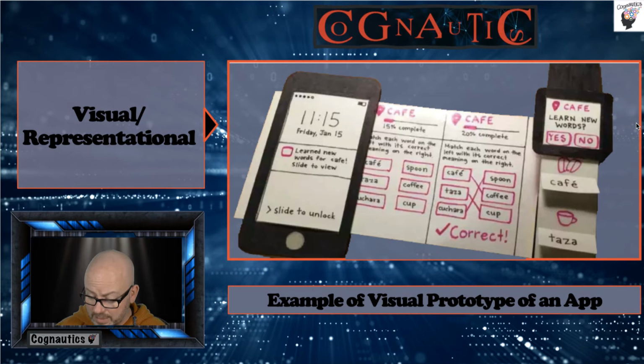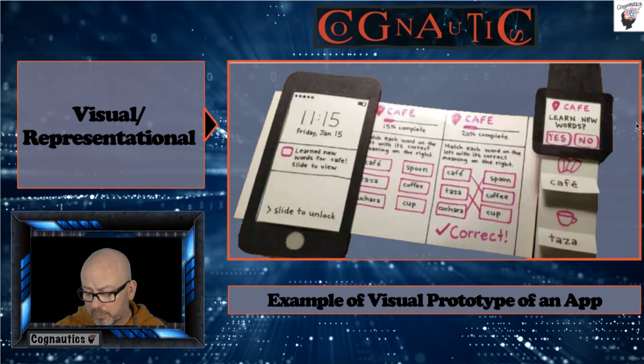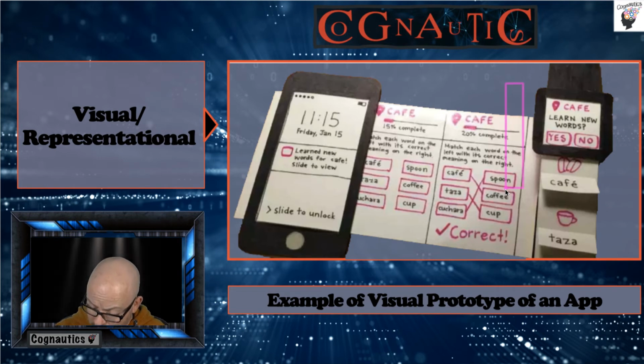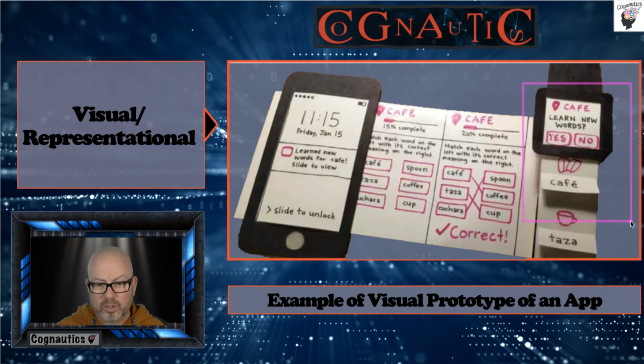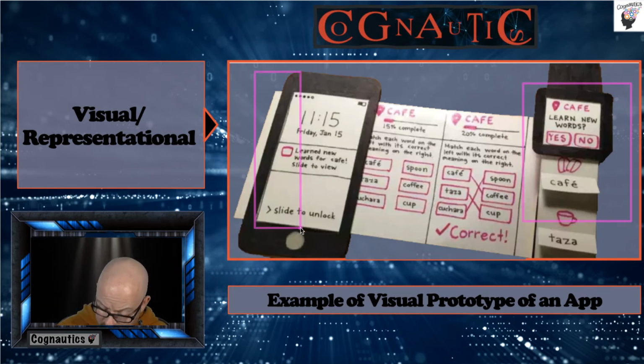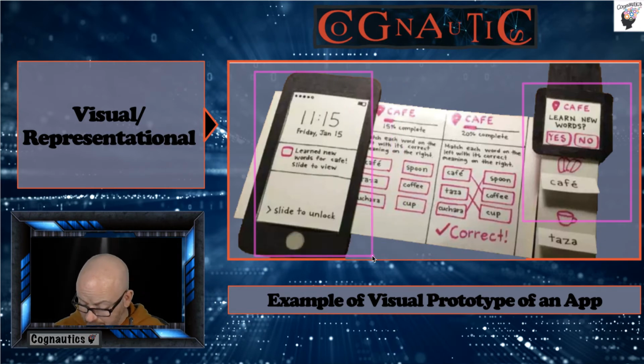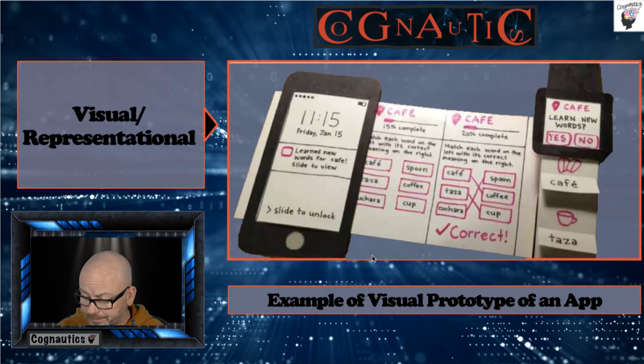And you can see on the right hand side there you've got what the same product would look like if you were to purchase the watch version, and over here you've got the phone version. And it's really rather clever, isn't it? Because this is a way of identifying issues at an early stage.